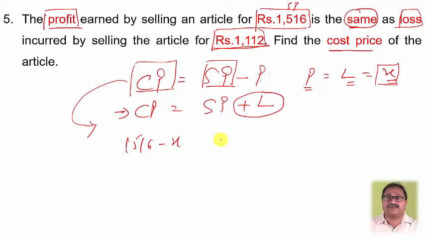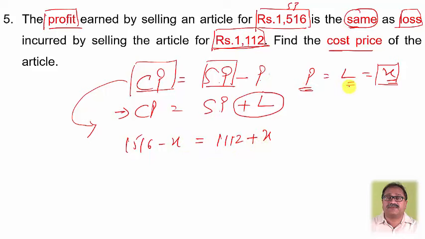So let's take that 1112 plus loss. And how much is the loss? X rupee. So take x here. And this is also cost price. So both are same, so left hand side is equal to right hand side. So I got the equation here. And once I got the equation, by solving this equation, I will get the x value. And what is that x?